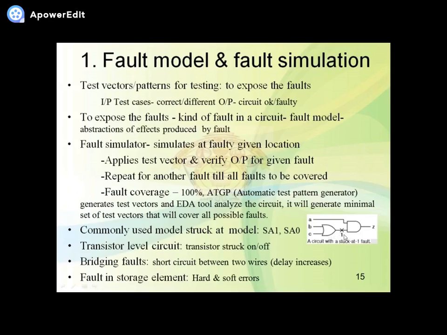Now we have to detect this fault. By applying various test cases, we can detect it. Suppose we apply any conditions at points B and C, with A equal to 1.